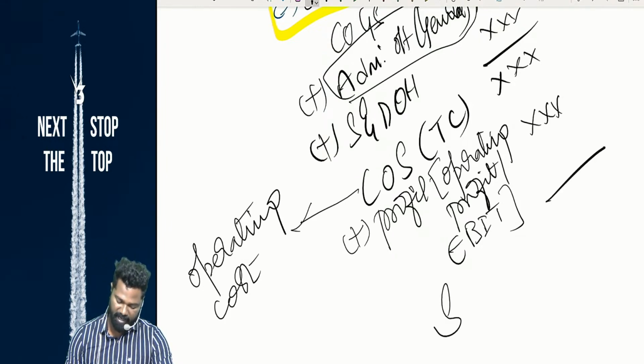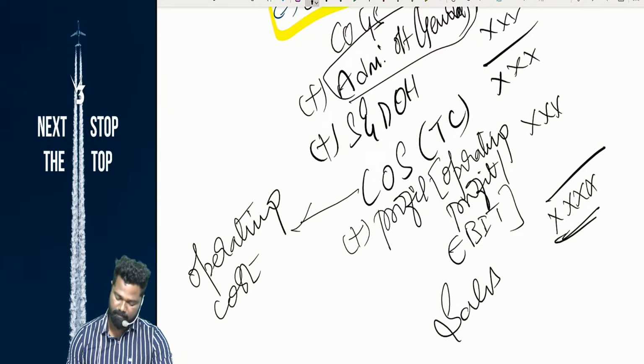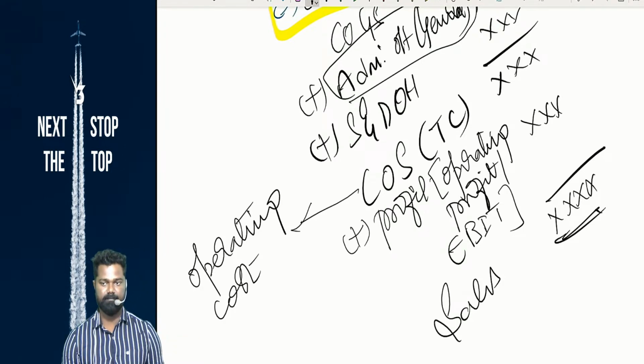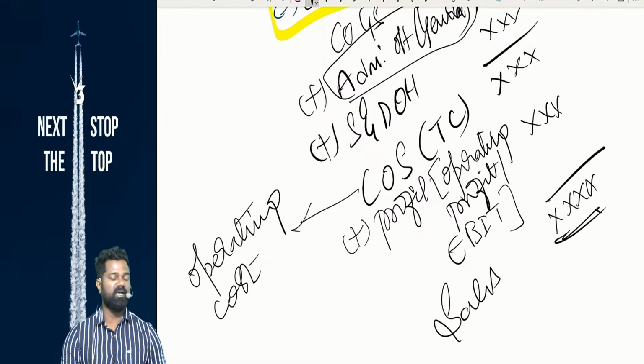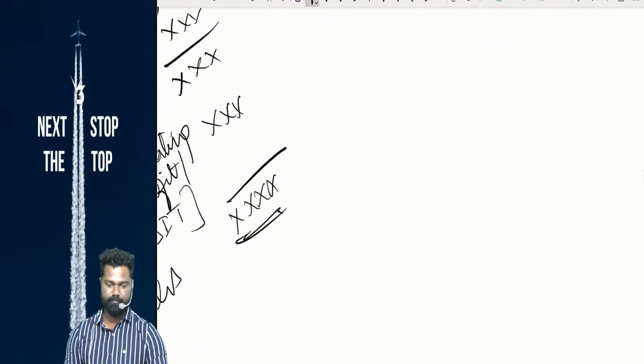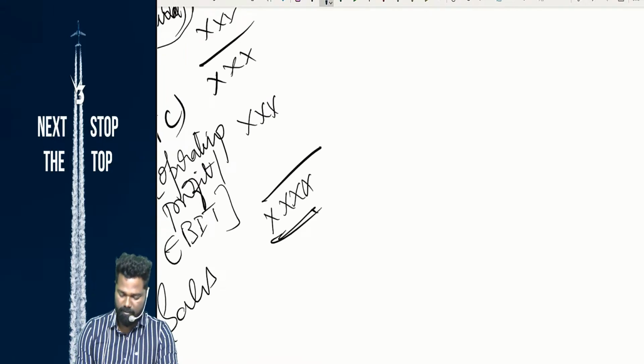Chalo, now whatever comes, we call it sales. Where costing ends, from there finance starts. Finance starts. Like what? EBIT. What is EBIT?